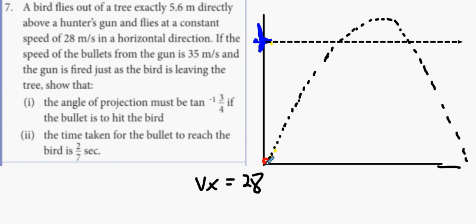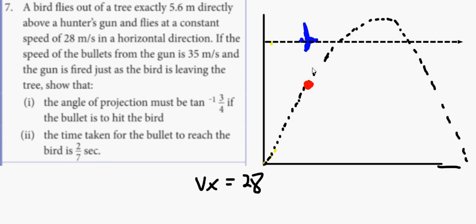Because if this is your bullet and that's your bird, what does the bullet have to do with the bird? It has to stay directly underneath it. At any given time, the bullet has to be directly underneath the bird. And what's the only way that will happen? If the Vx's are identical.